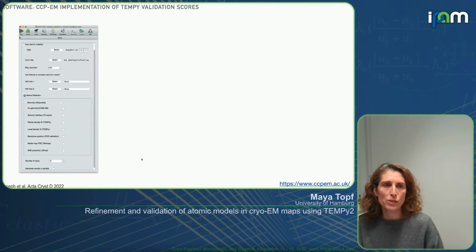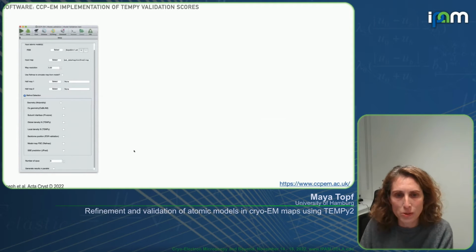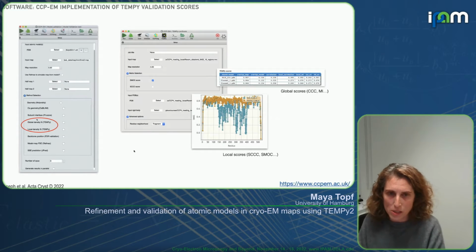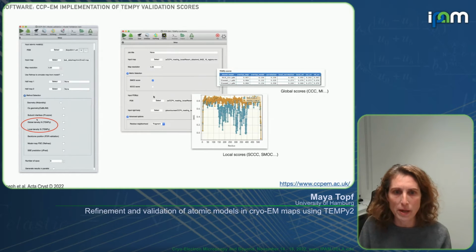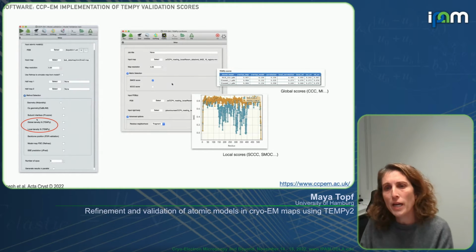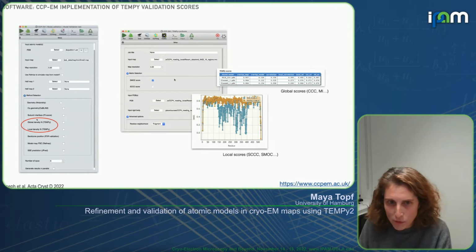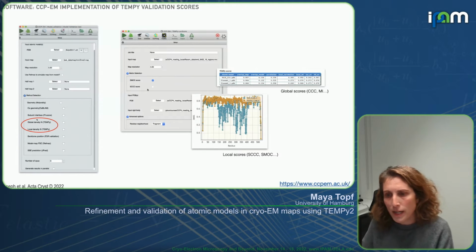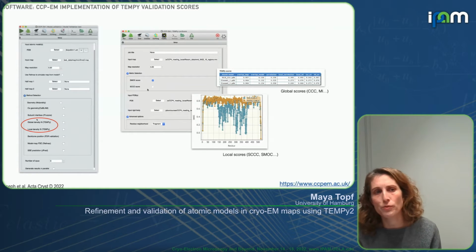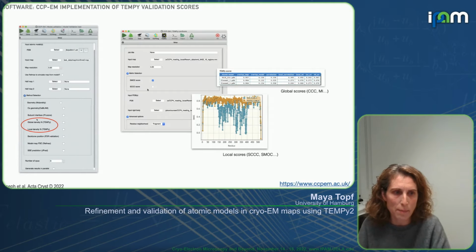Okay, so regarding our software, the TEMPy scores and also the PI score are in the CCP-EM package. If you don't want to use TEMPy, you can use it via a GUI. We have some of the global scores and some of the local scores, like the SMOC score. And in general, Agnel Joseph, who I talked about earlier, developed a whole validation pipeline that is part of the CCP-EM package.